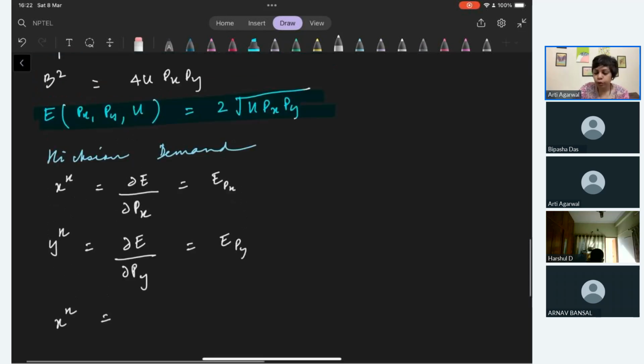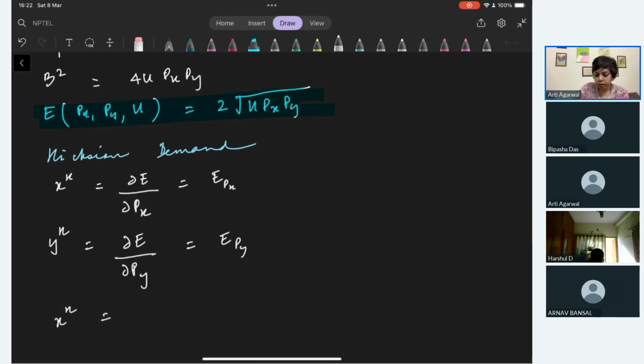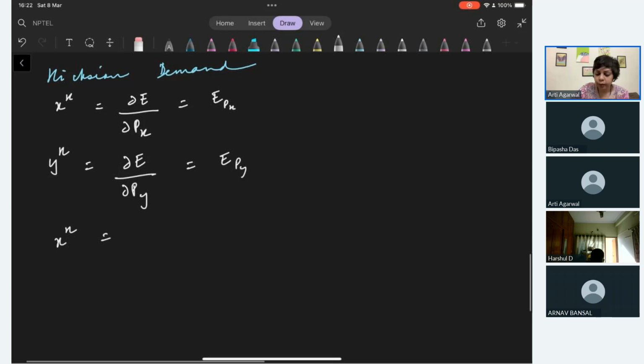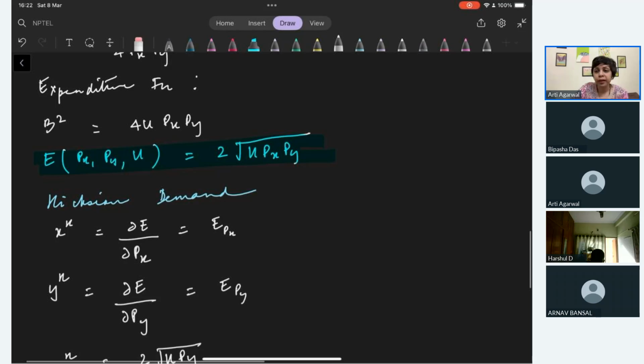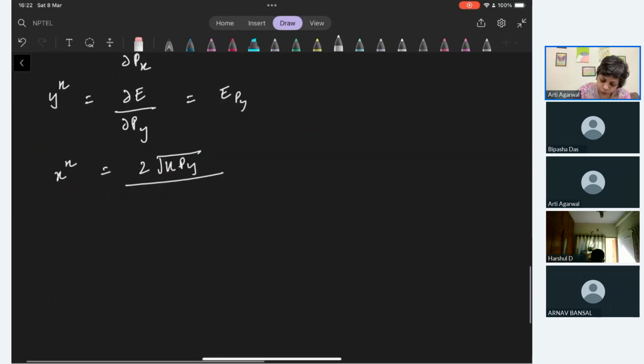So 2 root u is basically a constant. We have 2 root u root Py. The whole thing is constant with respect to Px. The only variable here is root Px, and we differentiate with respect to that. So this becomes 2 root u Py, and the differential of root Px is 1 by 2 root Px, right? So this becomes 2 root Px. The 2 gets cancelled.